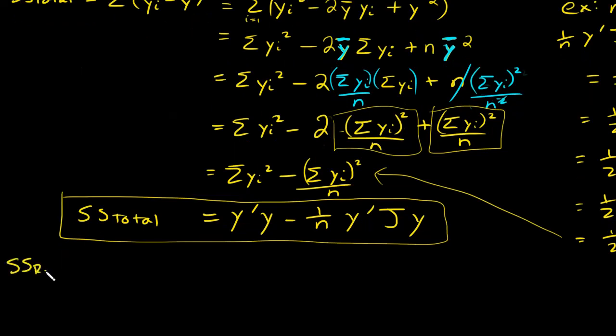The sum of squares residual is the sum of our residuals squared, so yi minus yi hat squared.